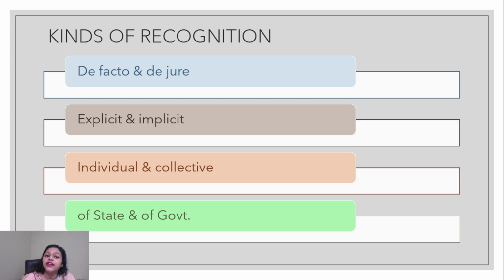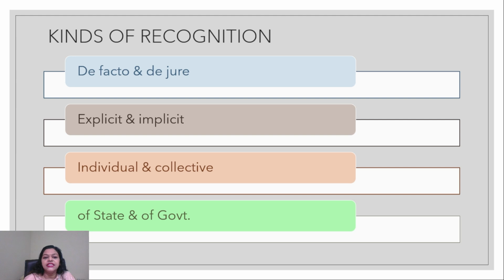It may not be recognized as a government by other states. But once Taliban has come, and for example, there is a trade-related treaty that has to be there between Afghanistan and another state, even if the other state finds that Taliban is an illegitimate form of government, still it may want to recognize it for the purposes of conducting business or for some other purpose.